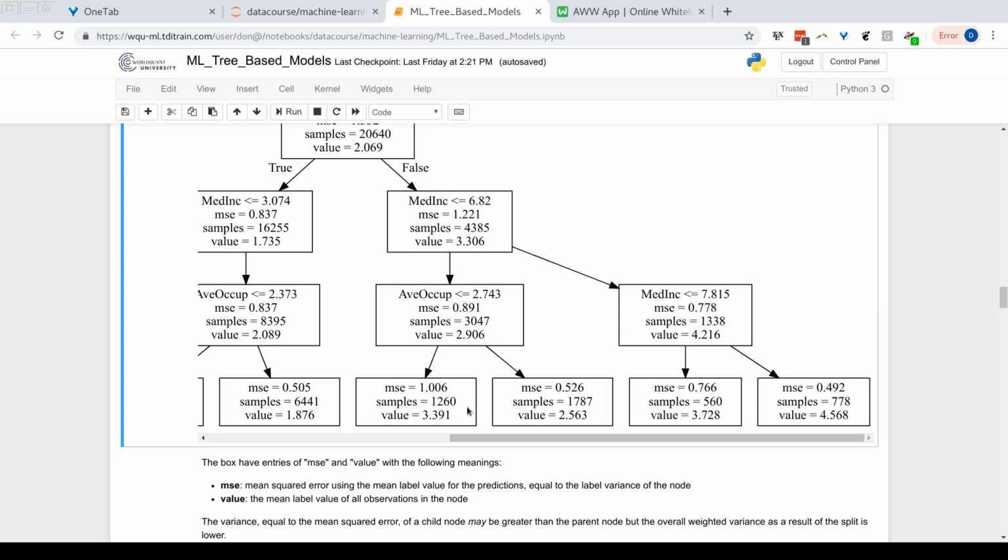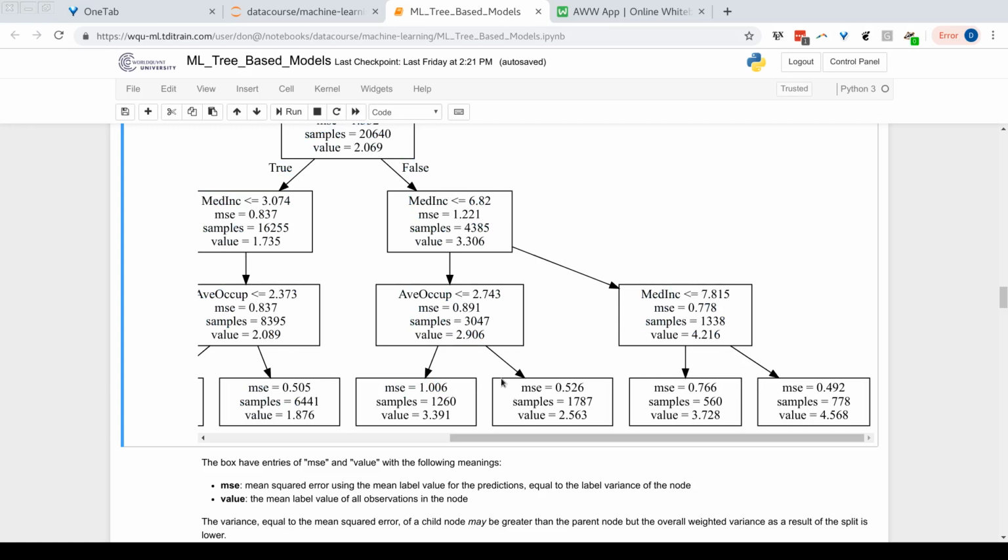What might be confusing is that you can look at something like the mean squared error, which we understand is a measure of variance, and it is greater than before. So this child node has a greater variance than the node it was derived from.